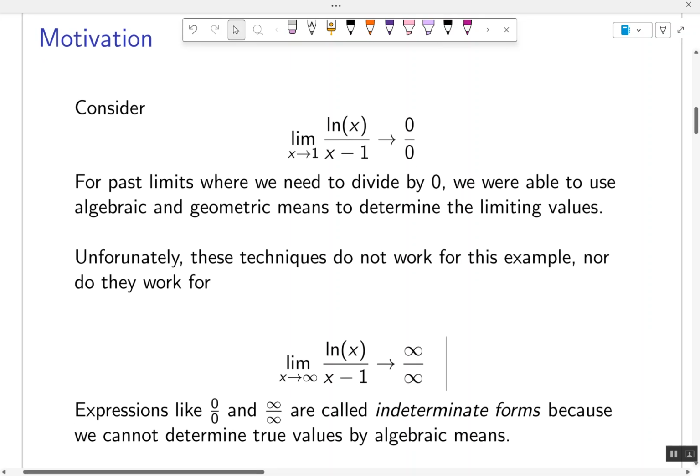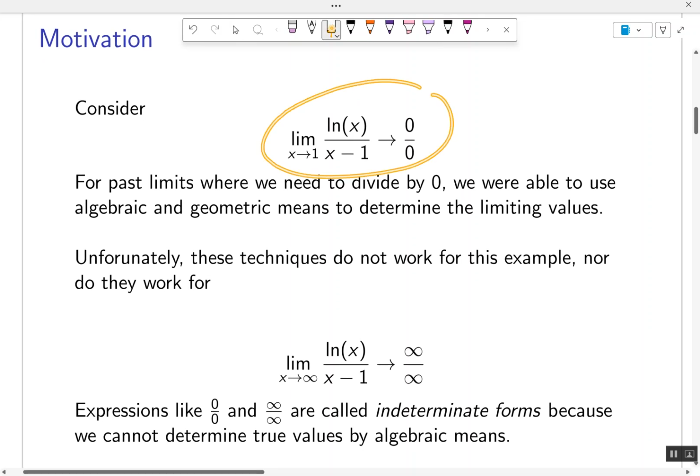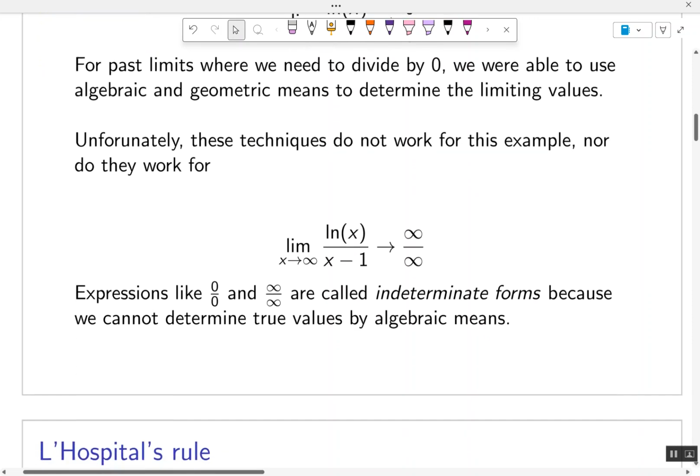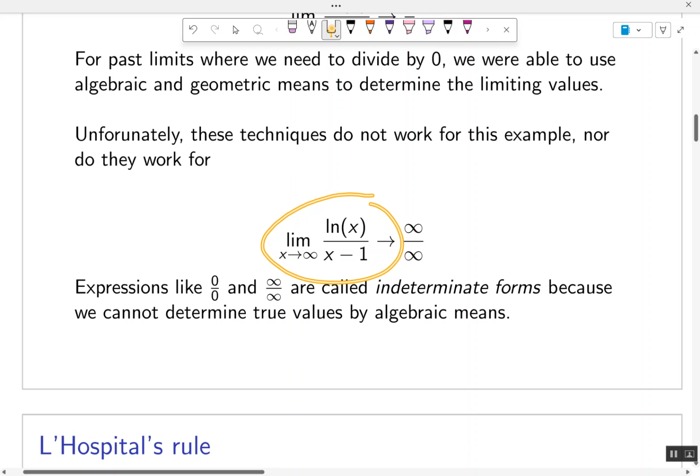But unfortunately, we can't do that for things like this. So when we have these expressions that look like 0 over 0 or infinity over infinity, these are called indeterminate forms because we cannot determine true values by algebraic means.